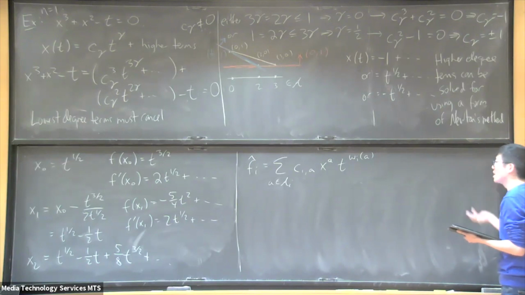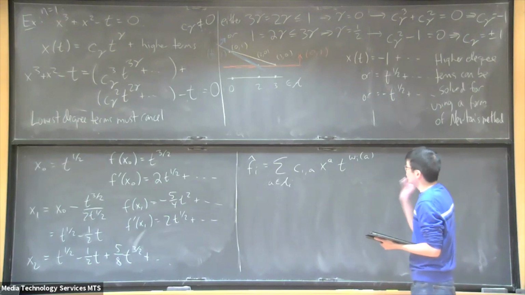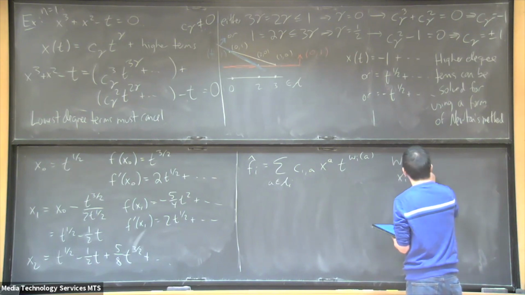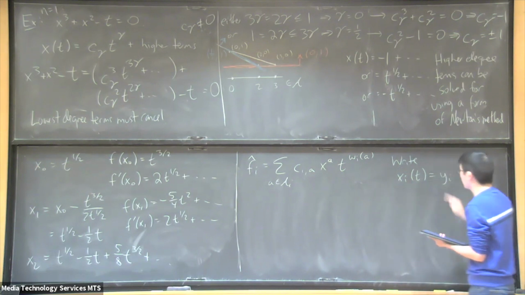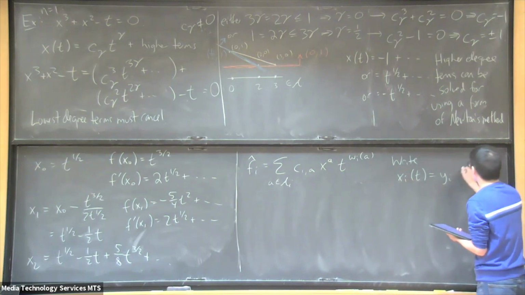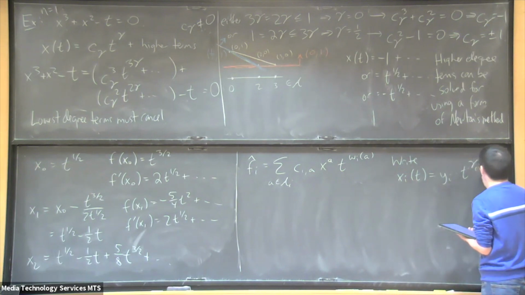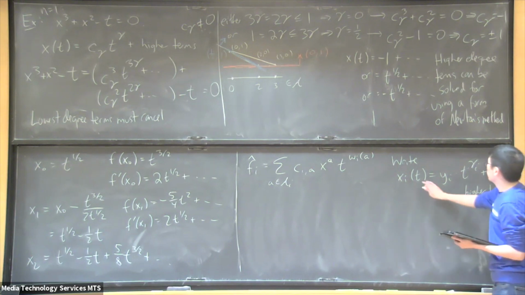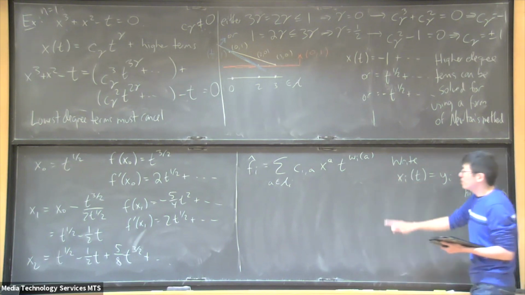And I want to find some solution of this, at least the lowest degree terms. So we're going to write some solution x_i(t), maybe it has lowest degree term y_i times t to some power gamma_i, and then these higher terms. So I'm just going to plug these into this f.